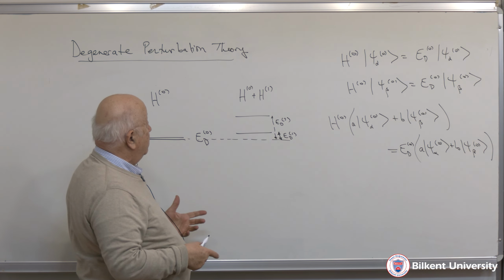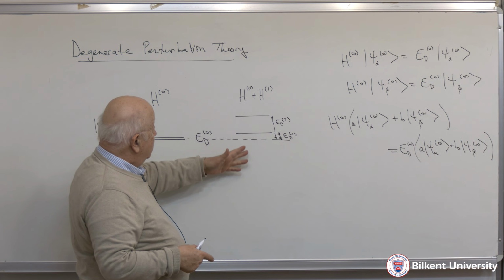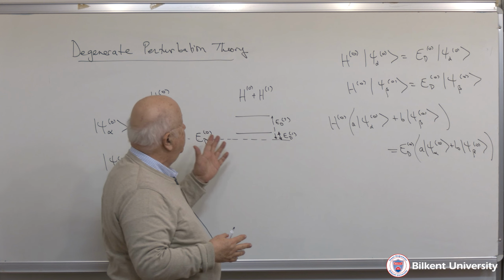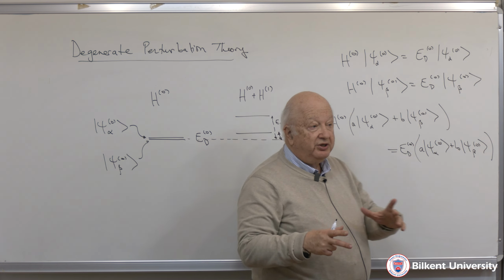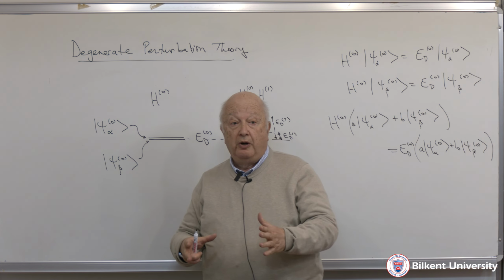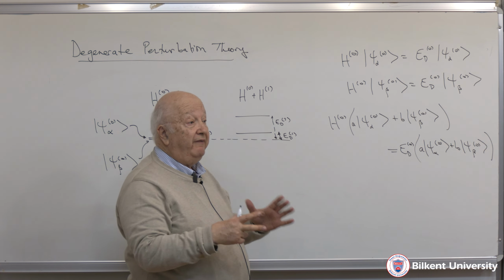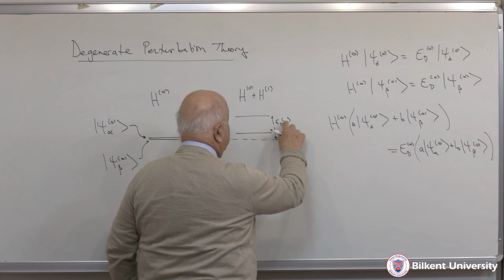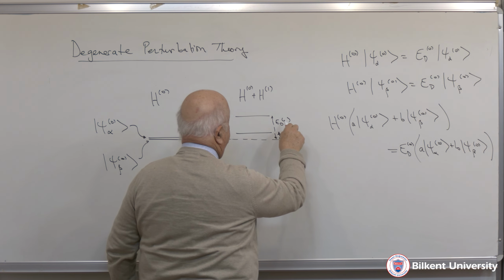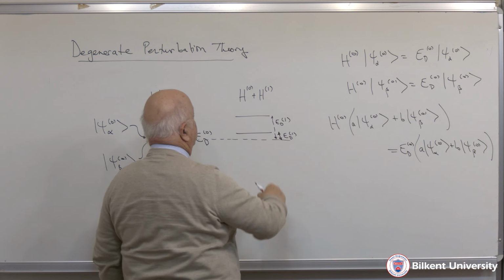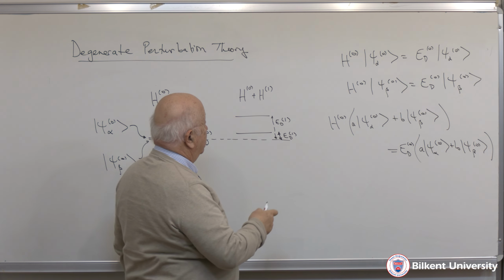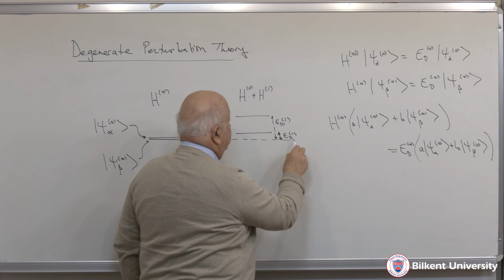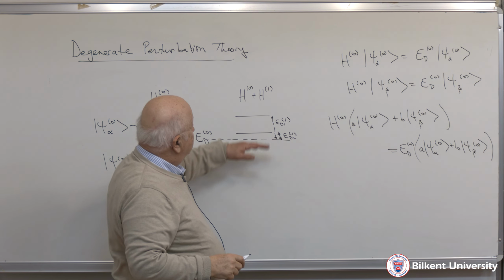Now, to find out what the energy states are going to be, remember the non-degenerate case. In the non-degenerate case, if we started out with the zeroth order wave functions, we could find these first order corrections. There are two different types of E_D1, so I need some other type of notation, E_D1 and E_D2, I guess.